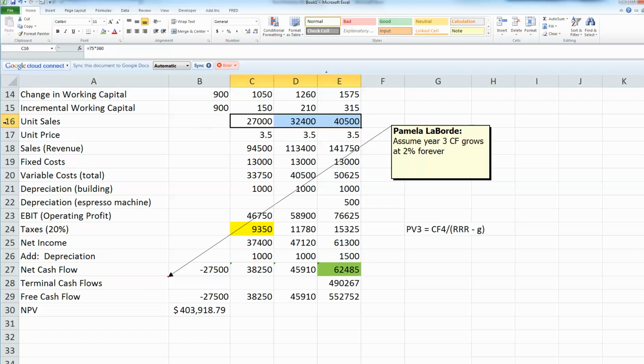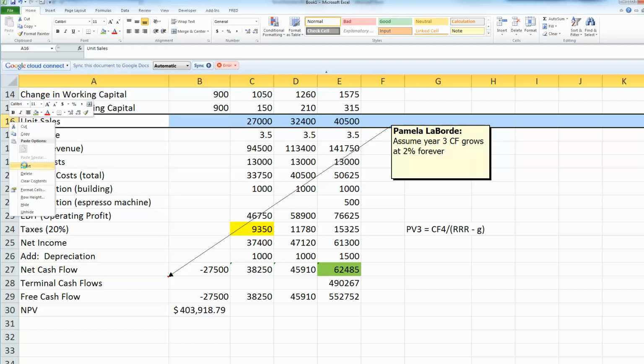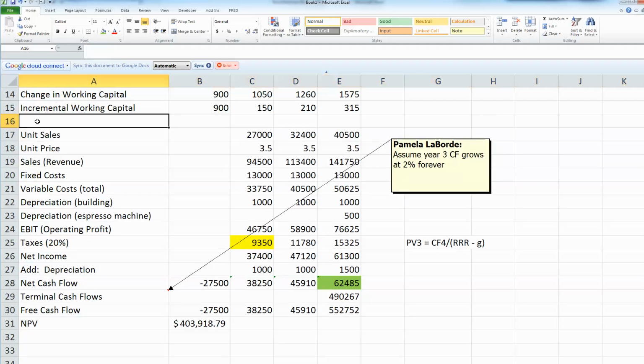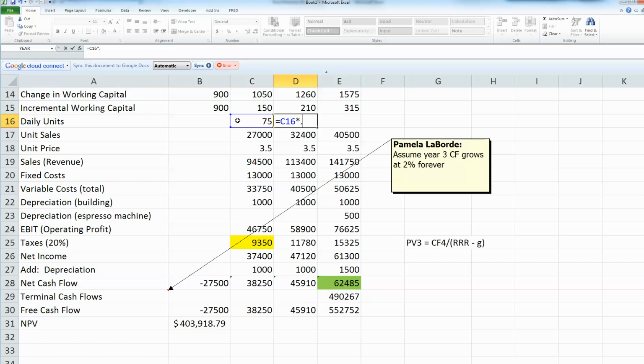And I think what I'm going to actually do is I'll put daily units up here. And that was 75, and then 75 times 1 plus the growth rate of 20%. And then the previous year's units times 1 plus the growth rate of 25%.